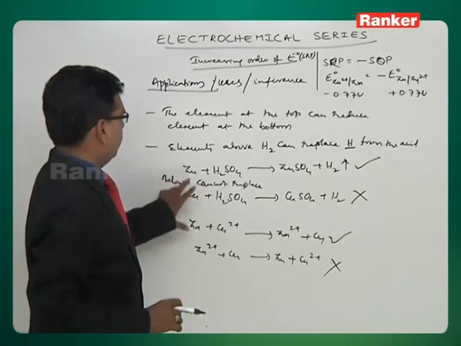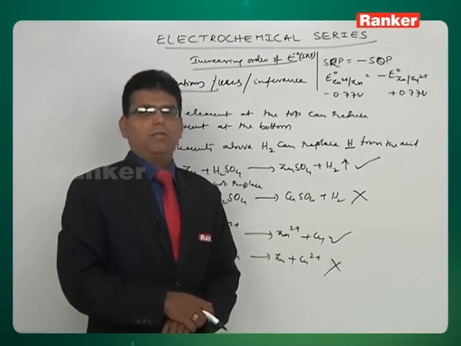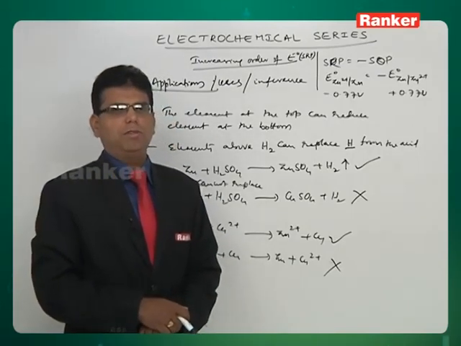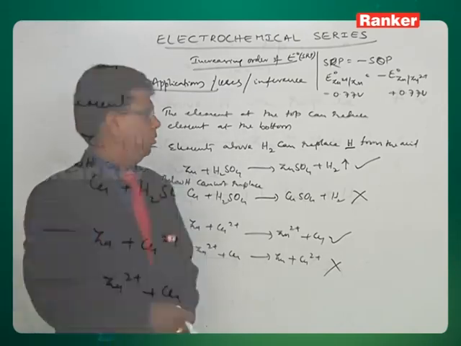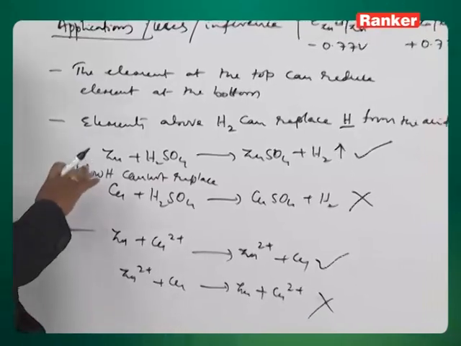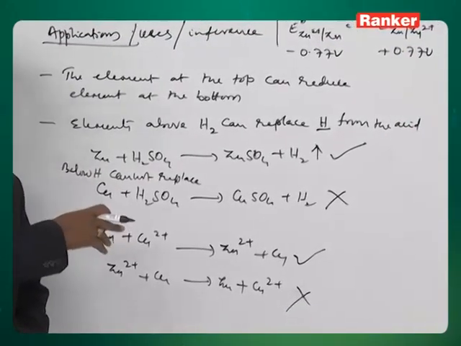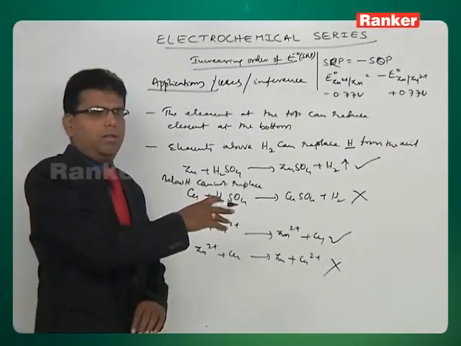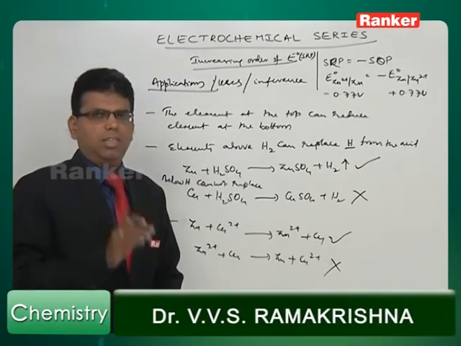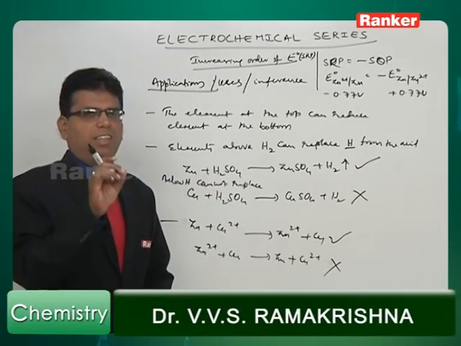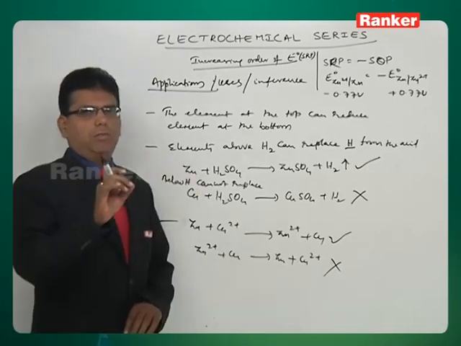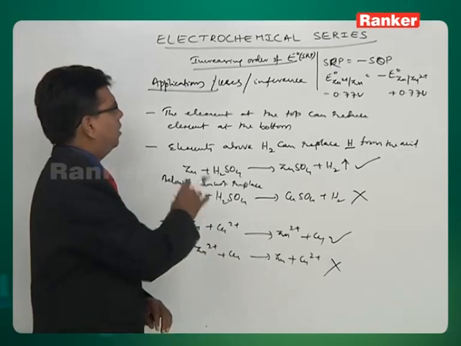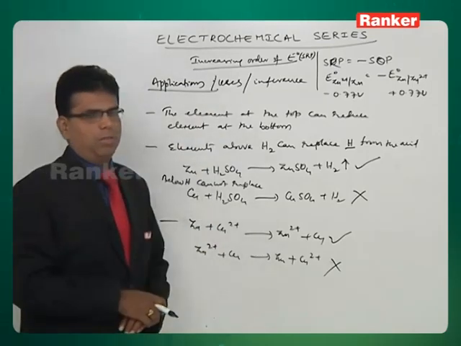So, these are two very important facts that we can understand from the electrochemical series. This is very helpful in understanding possible redox reactions. E naught values give us a very clear understanding about the possible redox reactions. That is a very important application of this electrochemical series.